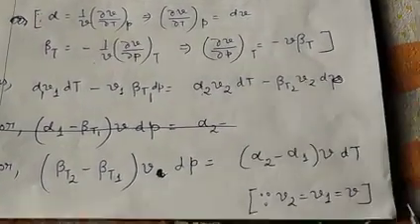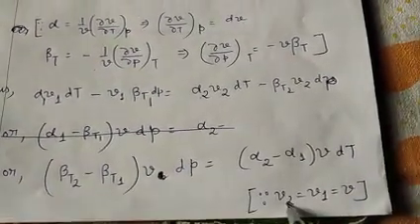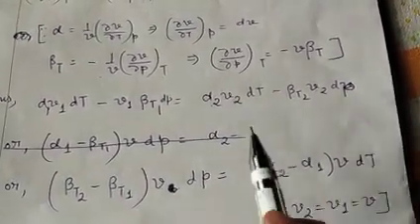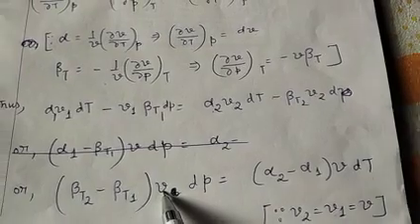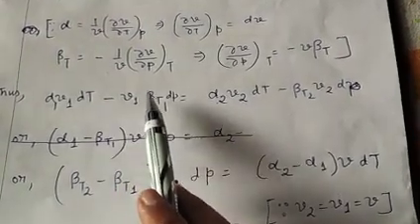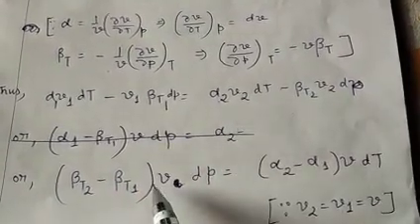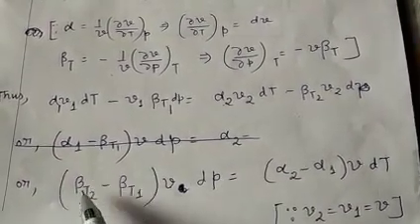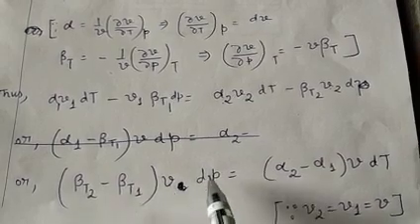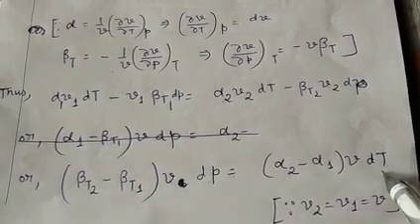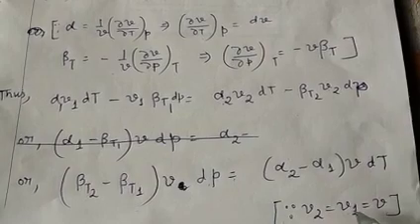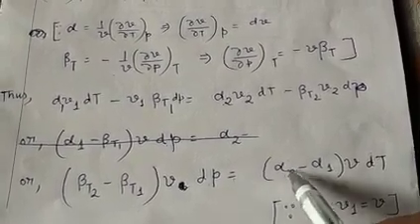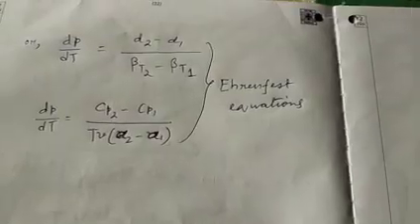In the next step we write the dP terms together and the dT terms together, and you also know that V1 equals V2, let's say V. So we can replace V1 and V2 simply with V. Taking V common, the dP term is (beta T2 minus beta T1) V dP, equal to, on the right hand side, the dT term, where taking V common we have alpha 2 minus alpha 1.